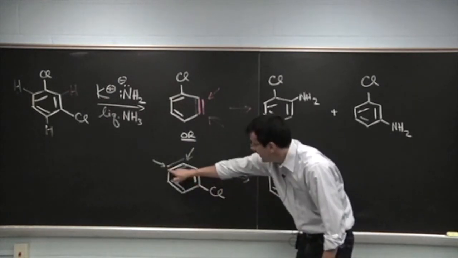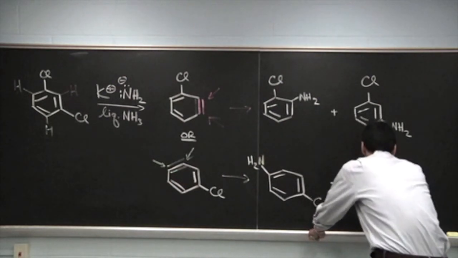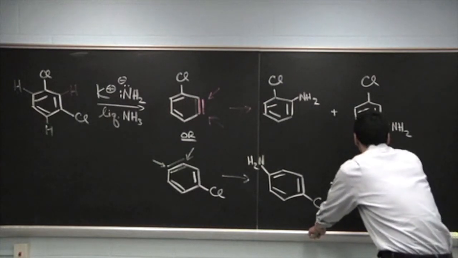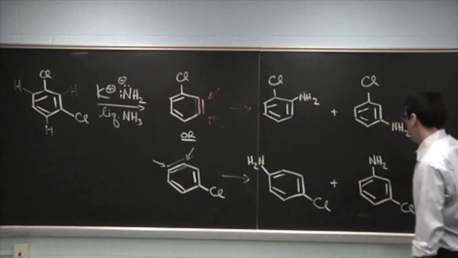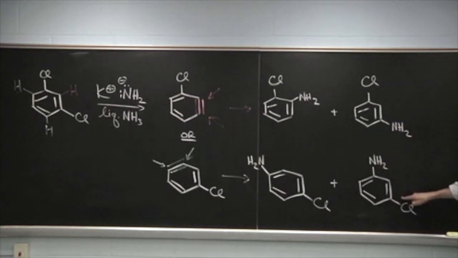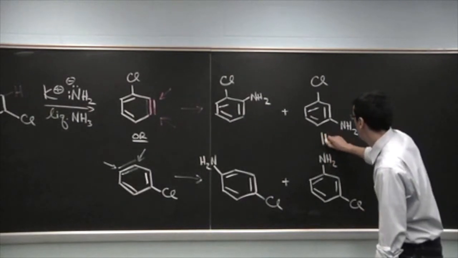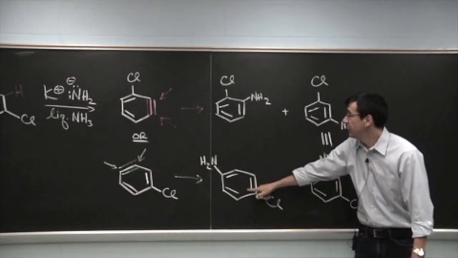That would be addition at that carbon. Or if we add to the other end of the green benzyne, we would end up with this. So this one is the same as that one, but this is unique and this is unique.